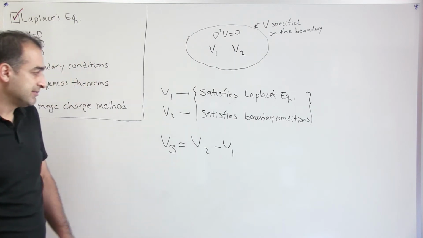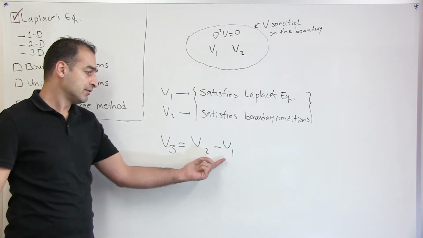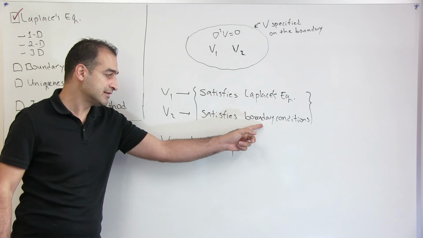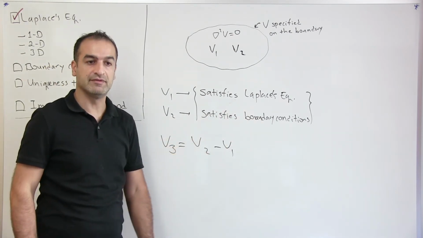That means V1 and V2 satisfy the same boundary conditions. V3 is a difference between the two.